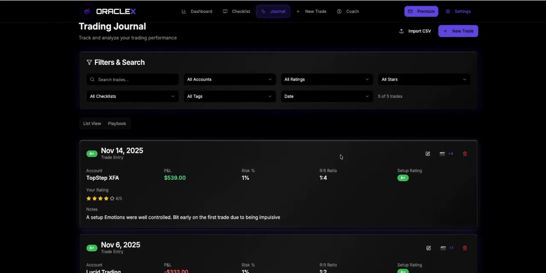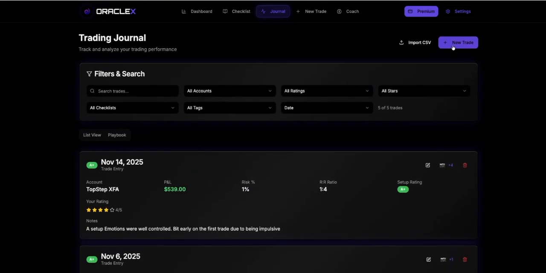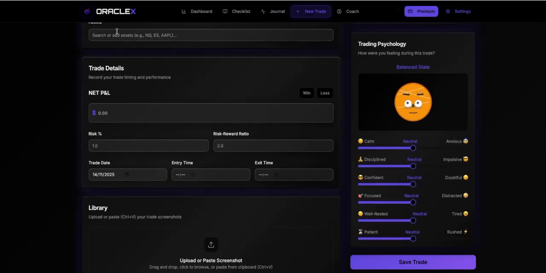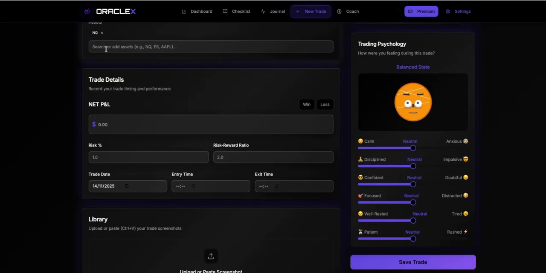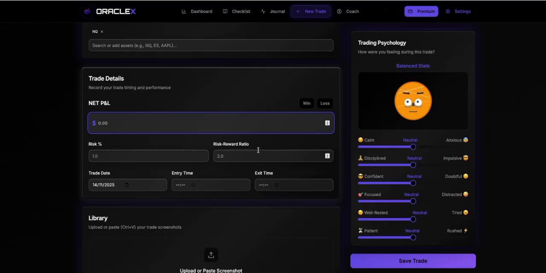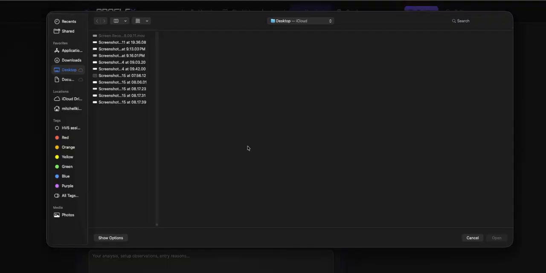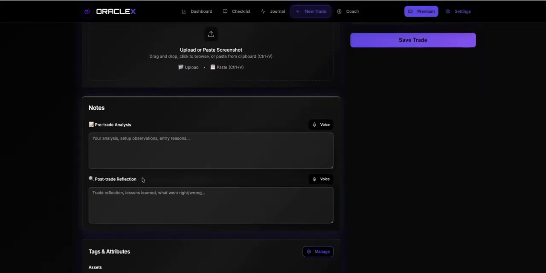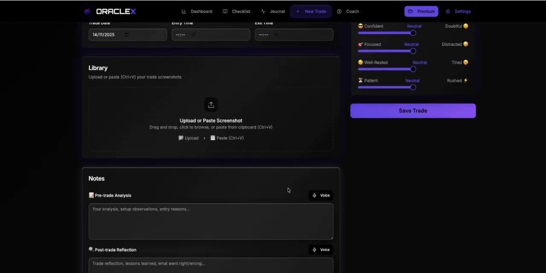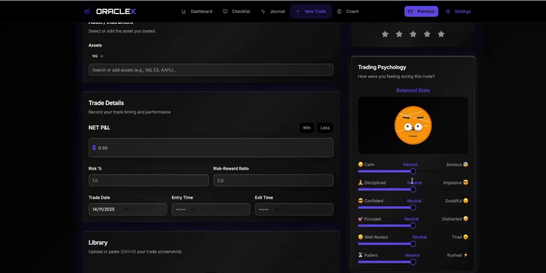But basically, you do a journal entry, okay, and you click your asset class that you want. You just add the asset class and type it in yourself. Your P&L, your risk to reward ratio, and you just upload a screenshot or whatever you like to make sure that you don't forget the trade, or you can easily see it. It's super easily accessible, and you don't have to worry about much after that.